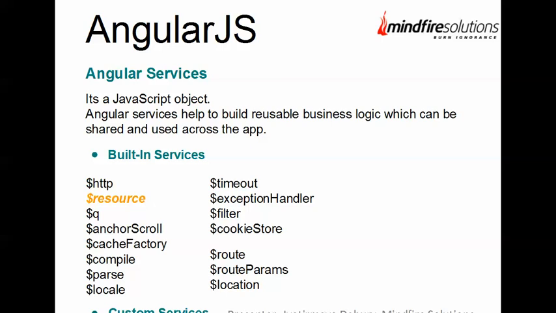Now there are some other services as well, like queue, anchor scroll, cache factory. I'm not going into detail with all these built-in services. The only thing is, these are Angular services which are JavaScript objects, and these are reusable components in an AngularJS application.